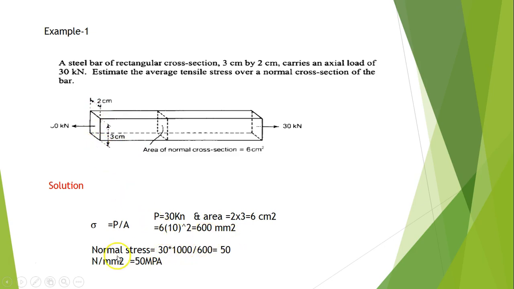The normal stress is 30 multiplied by 1000 divided by 600, which is 50 Newton per millimeter square. Newton per millimeter square is megapascal. That's why our answer is the stress is equal to 50 megapascal.